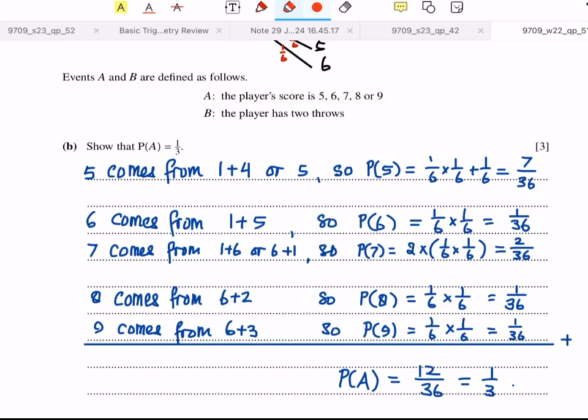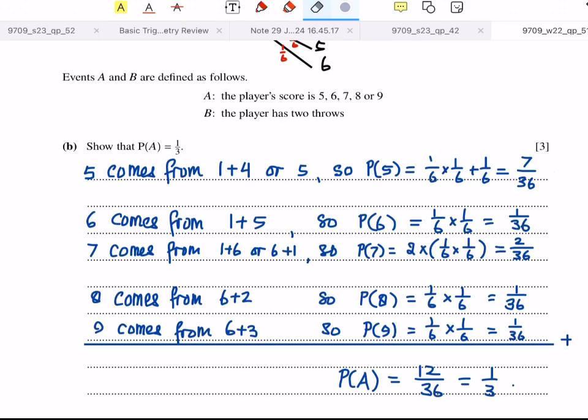Part B. Show that P(A) is equal to 1/3. So for a score of 5, it comes from 1 plus 4, or 5. So probability of 5 is 1/6 times 1/6 plus 1/6, which is 7/36.